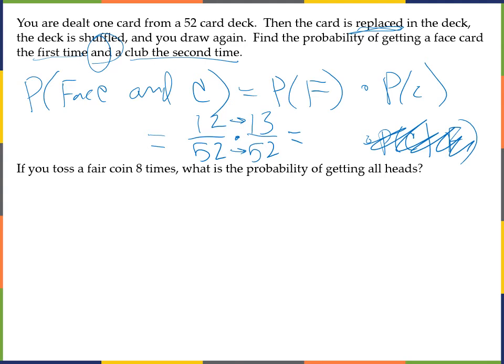So if we do this, we would get 156 out of 2,704. I would probably just turn that into a decimal, so 156 divided by 2704. So roughly, let's erase this here.